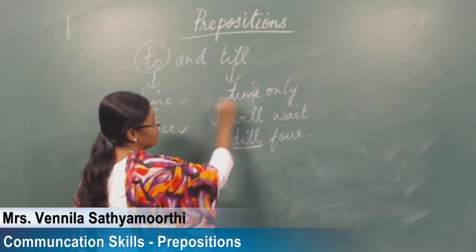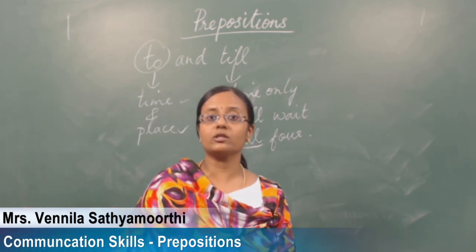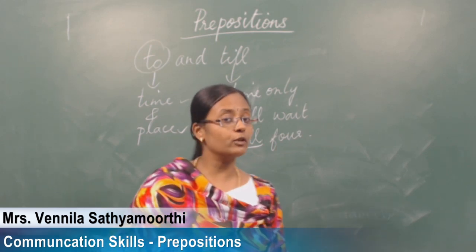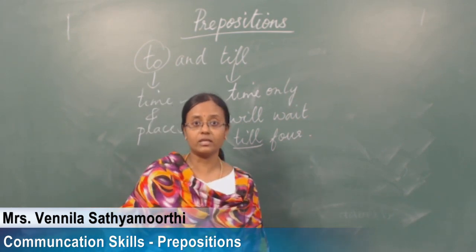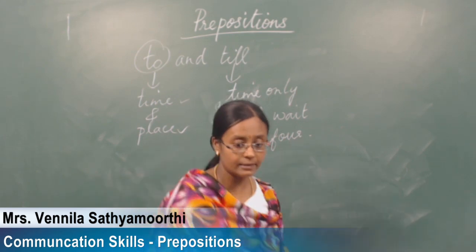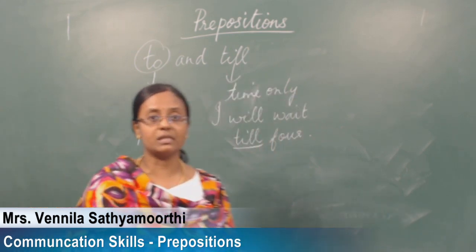So it's used only with reference to time and not to place. I walked till the end of the street is not right. Instead we should say I walked to the end of the street. It's not till the end of the street, because the end of the street refers to place and not time. Is that clear? Because this is where normally we tend to make mistakes.